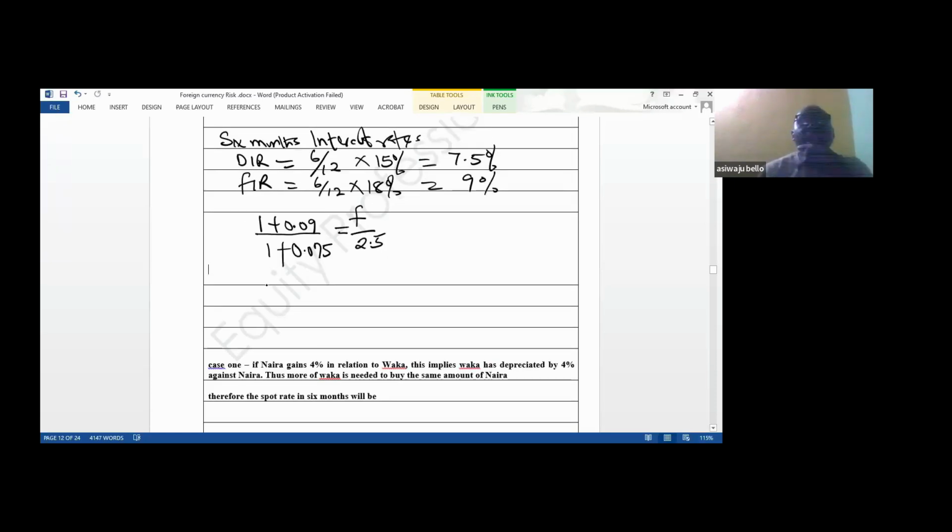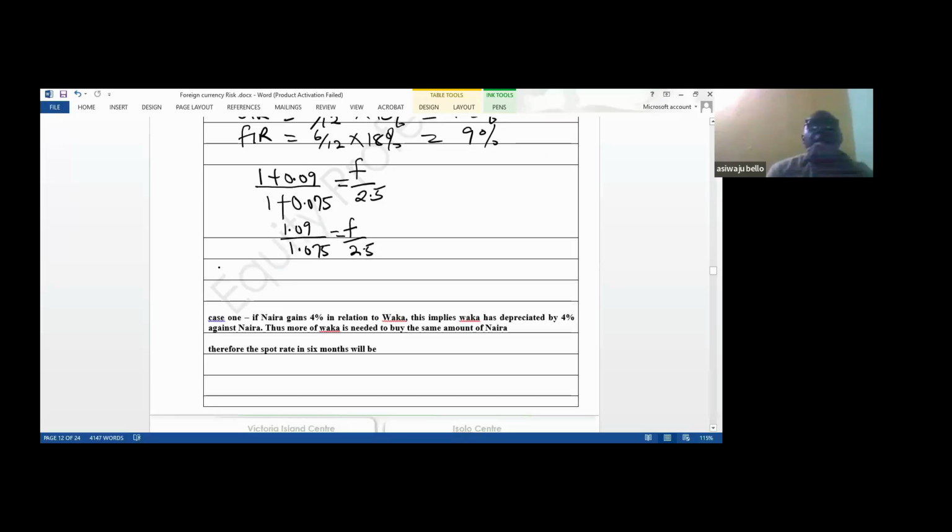We can get this out. I have 1.09 over 1.075 is equal to F over 2.5. I can cross multiply. 1.075F is equal to 1.09 times 2.5.